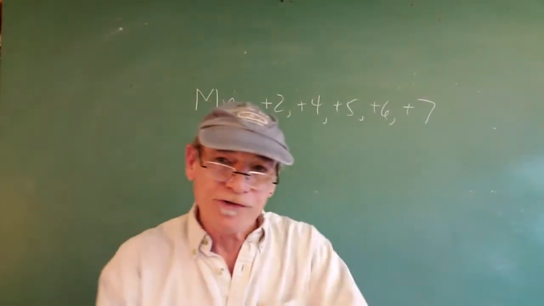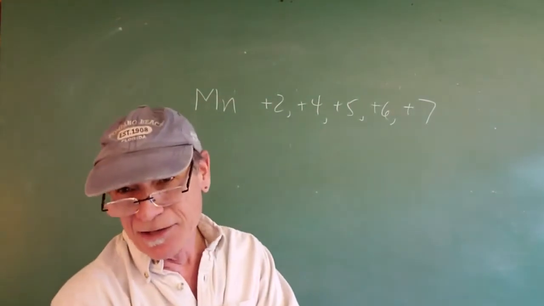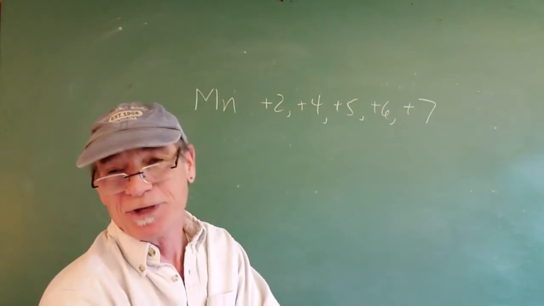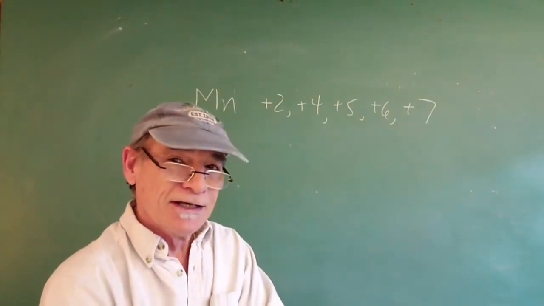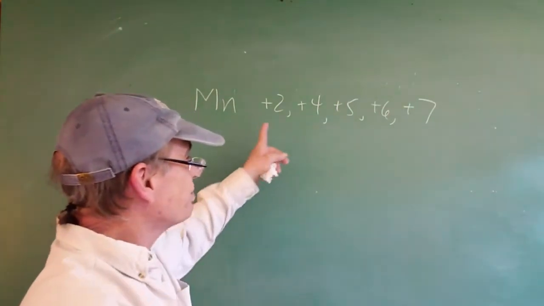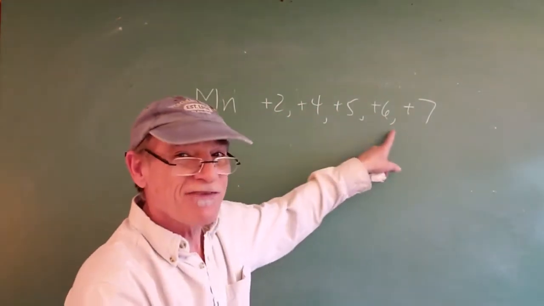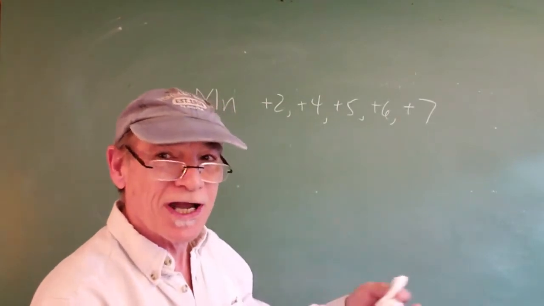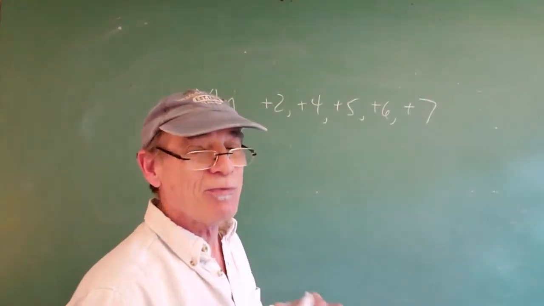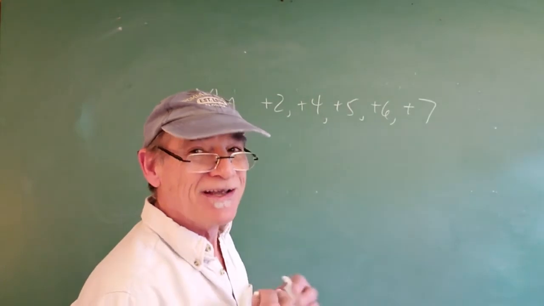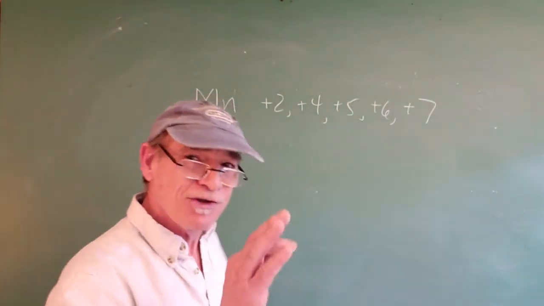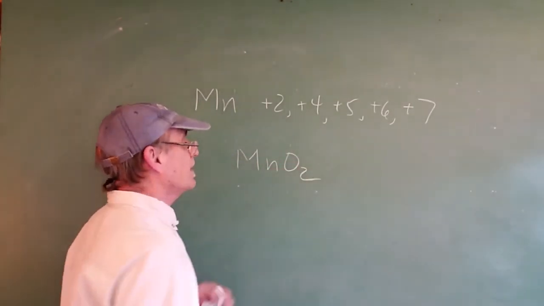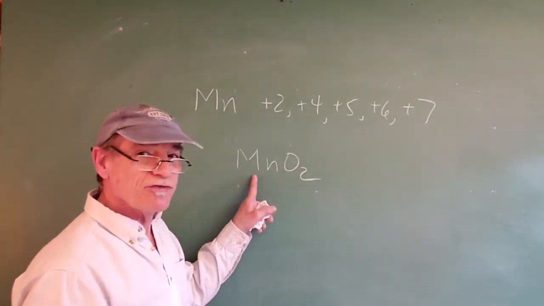All right, well, I mentioned to you that the transition metals and a lot of the nonmetals can be pretty fickle in terms of what charge they might adopt depending on what kind of compound they're in. For instance, manganese. Manganese can be a +2, a +4, a +5, a +6, or a +7, depending on what situation or what compound it's actually in and how much the other players in that compound tug on its electrons. For instance, in this compound, MnO2, it turns out that the manganese is in its +4 state.